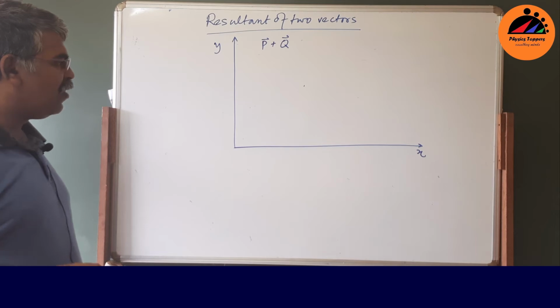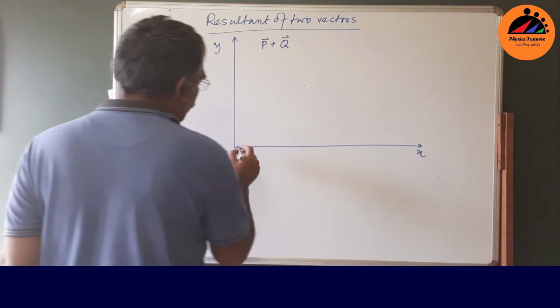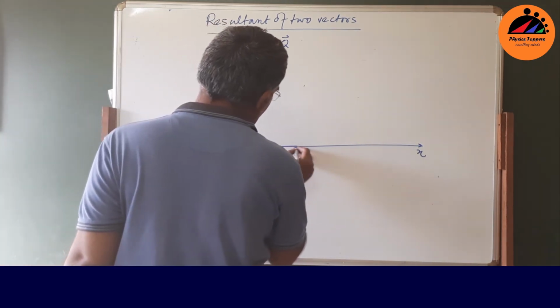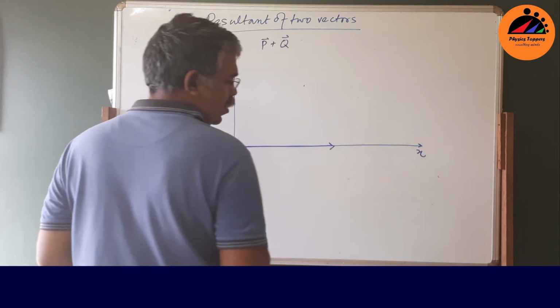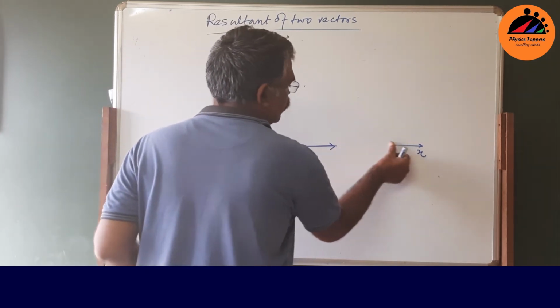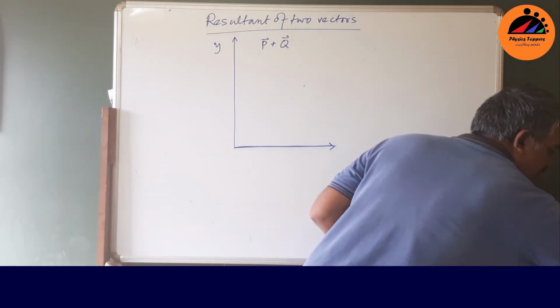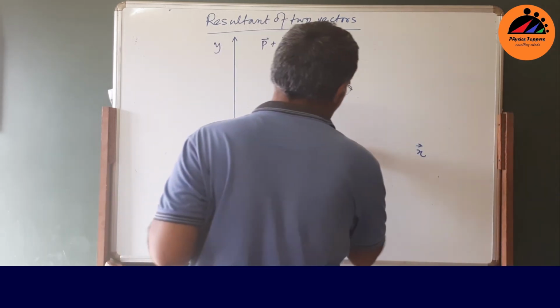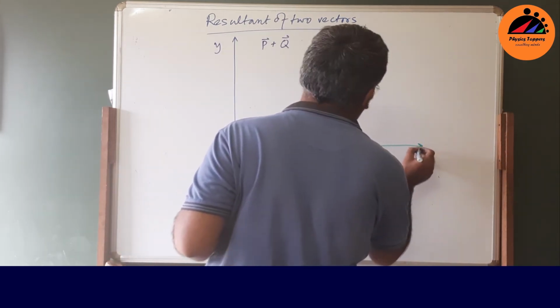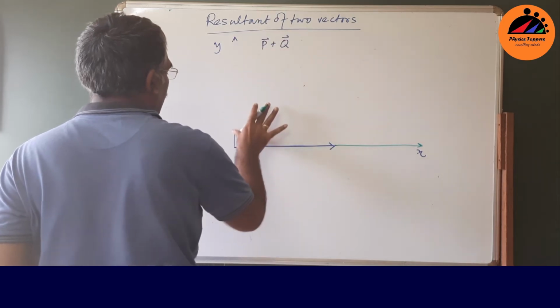Now do one thing, see, if I place p here, let me draw this axis in green, so that will help you a little bit.